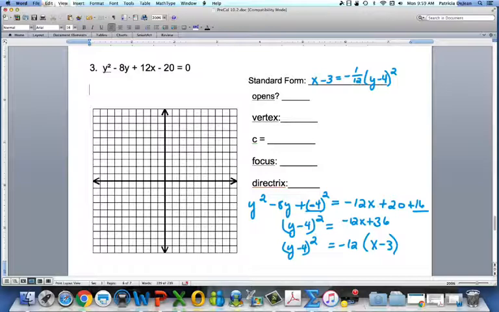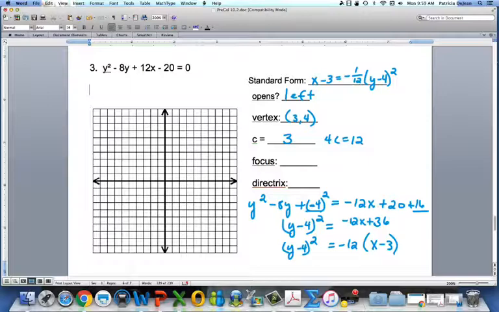Okay, so since it's negative and the y is squared, it's going to open left. Our vertex will be at (3, 4). 4c is equal to 12, so c will be 3.